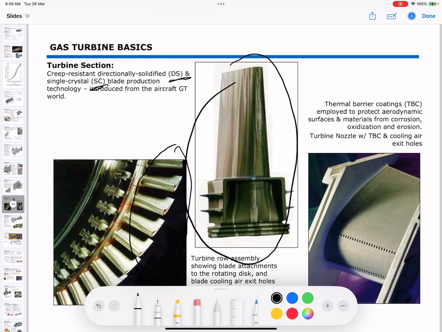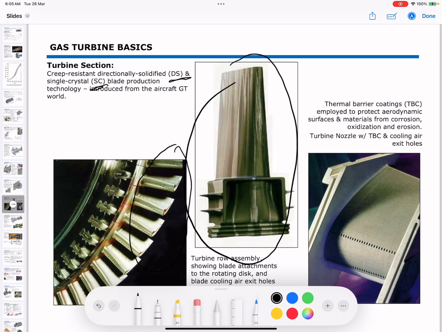These techniques are derived from the world of aircraft turbines, but here we are talking specifically about the gas turbine.